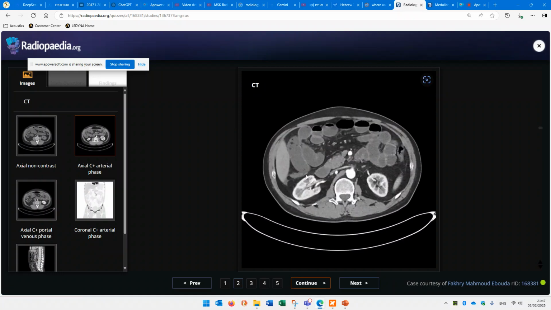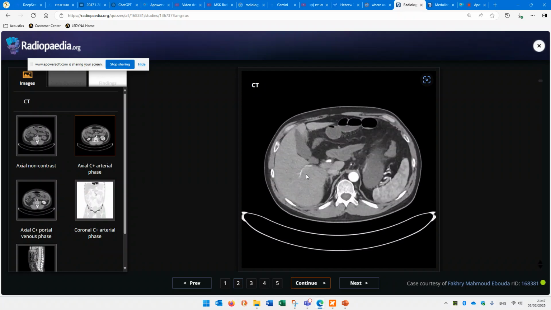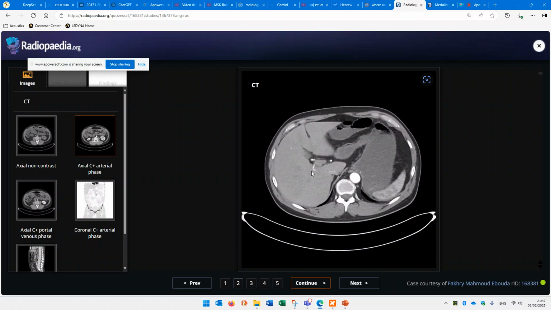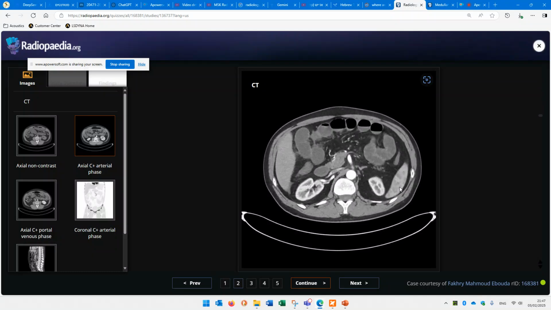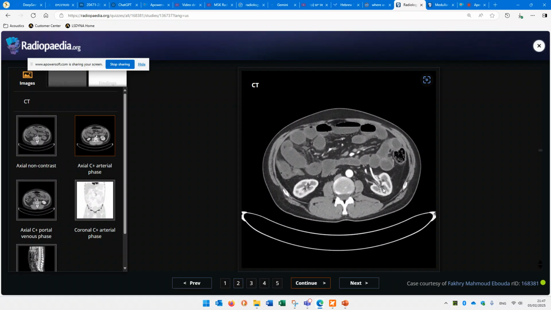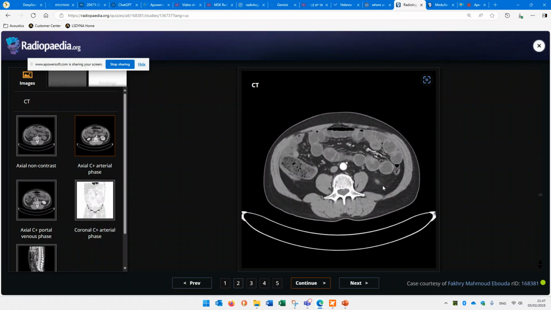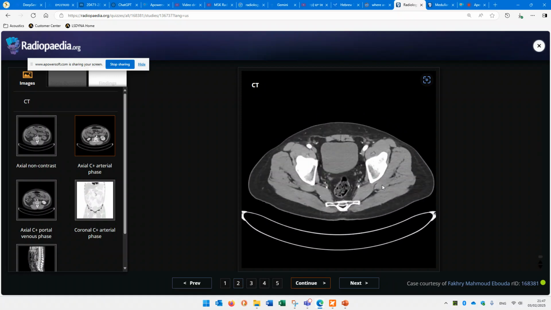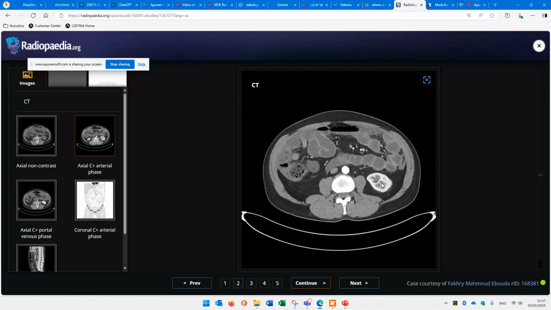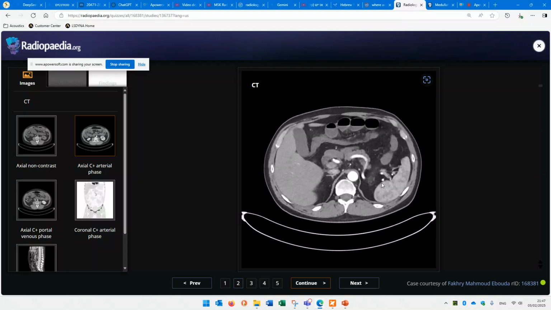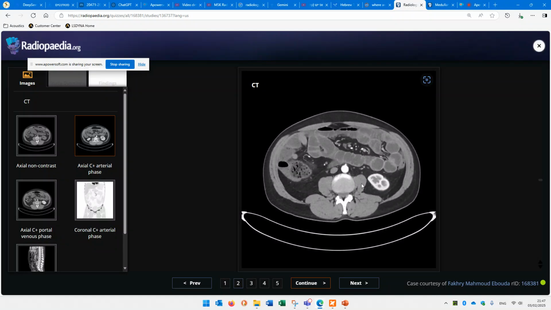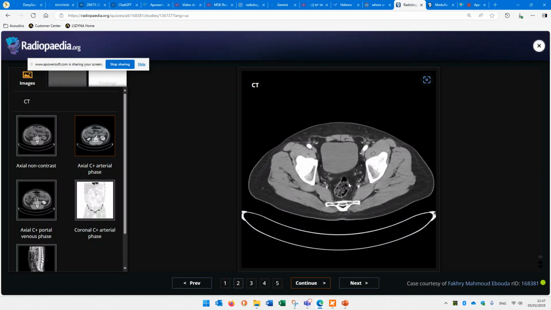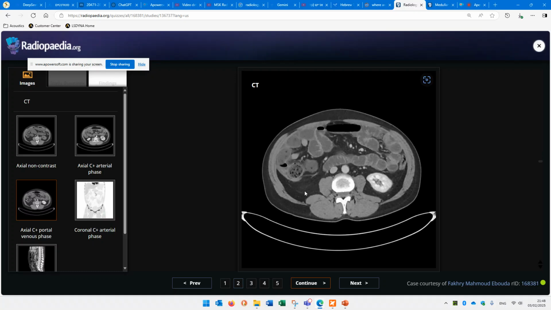Okay. Arterial phase. Let's look on arterial phase. Okay, this one is hard.